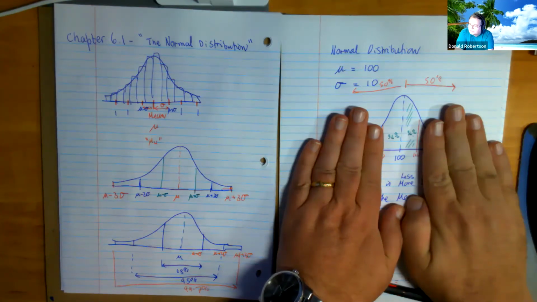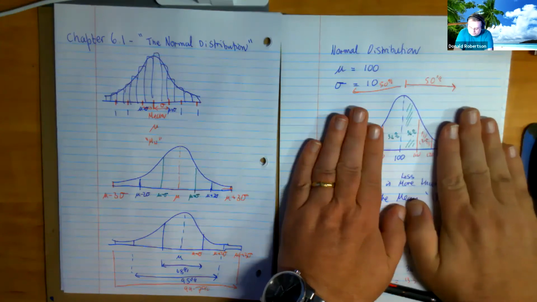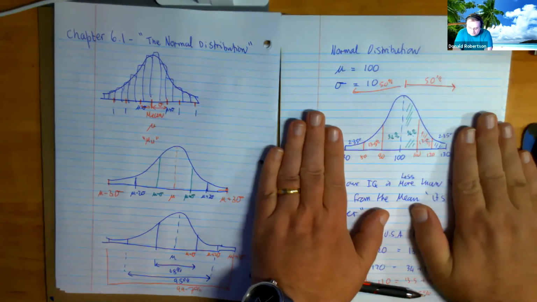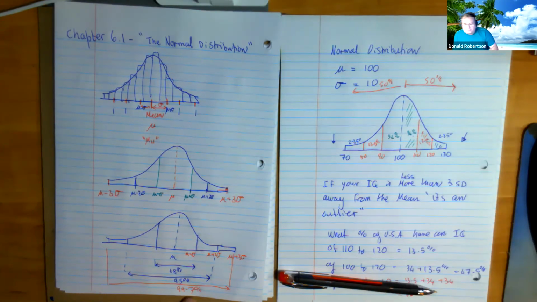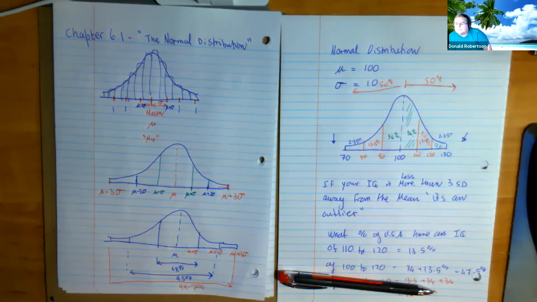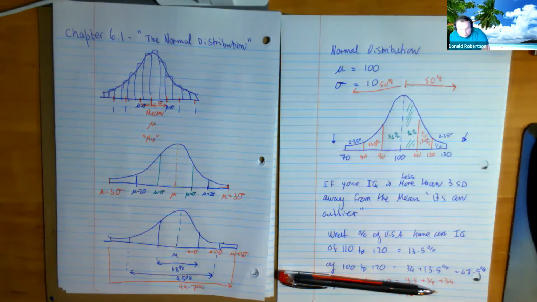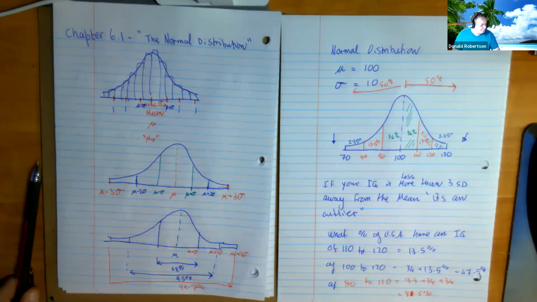Now, if you go 2 standard deviations either side, that adds up to 95%. And if you go 3 standard deviations either side, that ends up being 99.7%. So can you tell that the little bits at the end are 0.3% shared equally, about 0.15%, tiny amount, hardly anybody in that range.